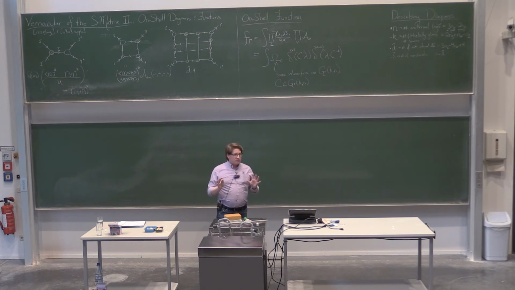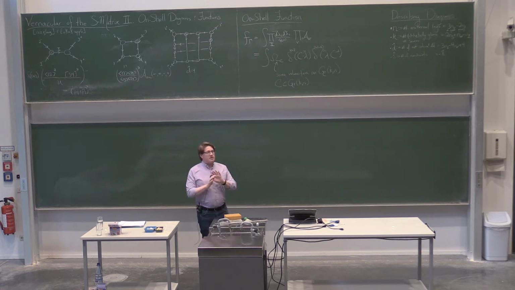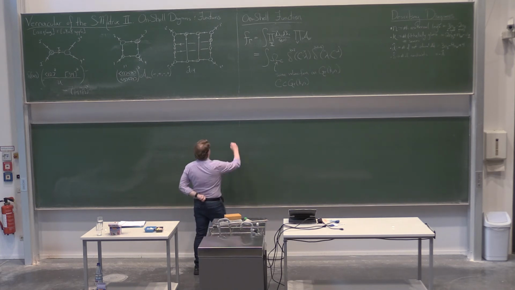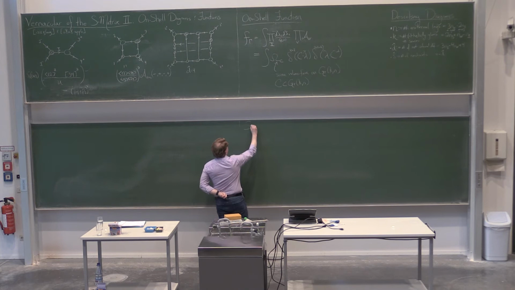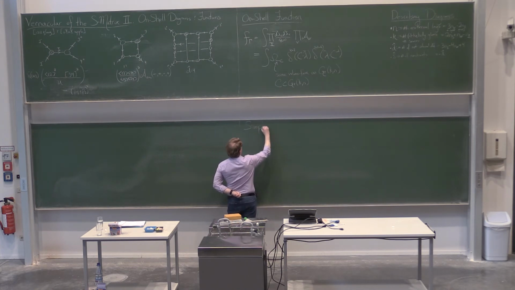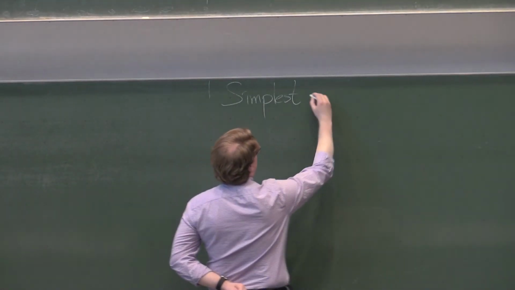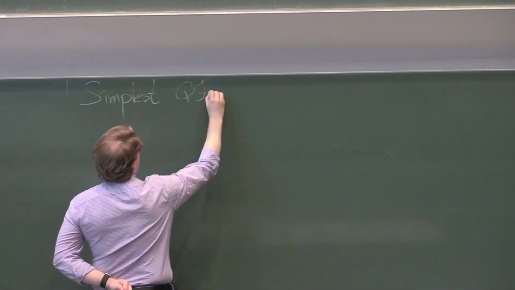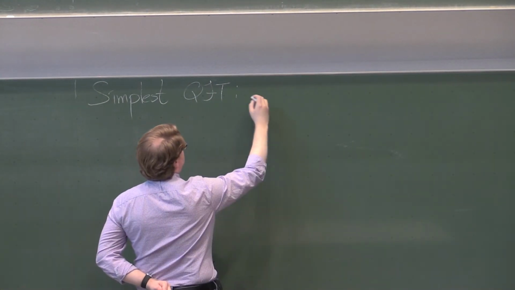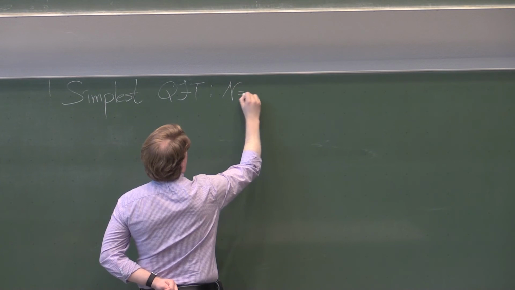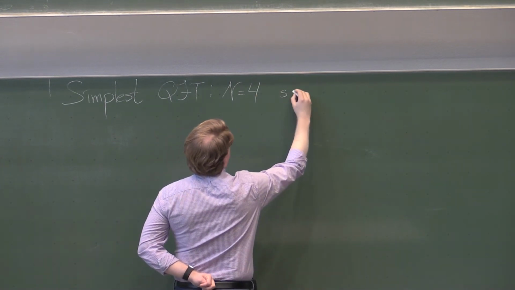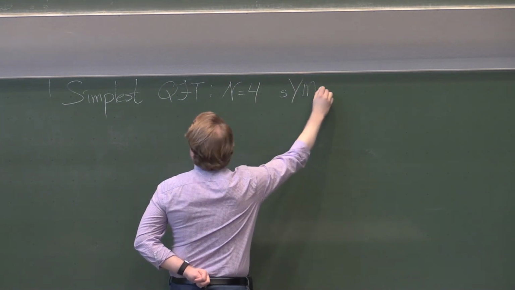But maximum supersymmetry buys you a lot because suddenly you don't need to distinguish between plus and minus helicities. So let's talk about the simplest QFT, which is N=4 maximal super Yang-Mills in 4D.